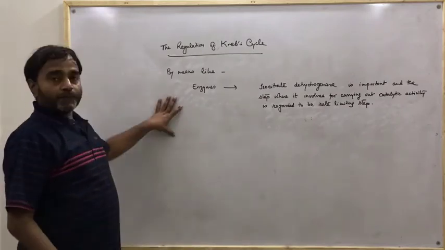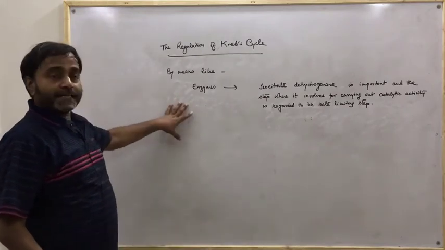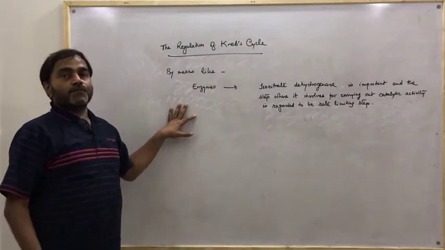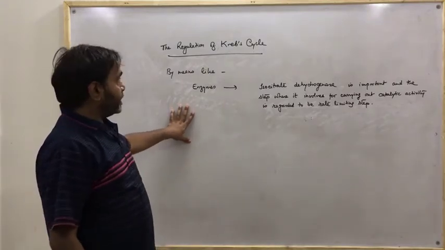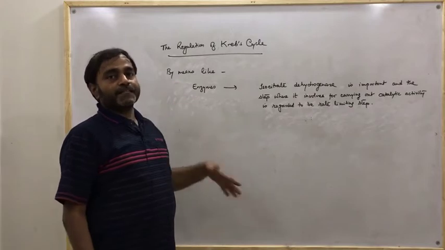And what other thing is important in this context, that there are some inhibitors which also play a role in Krebs cycle if present in the body.